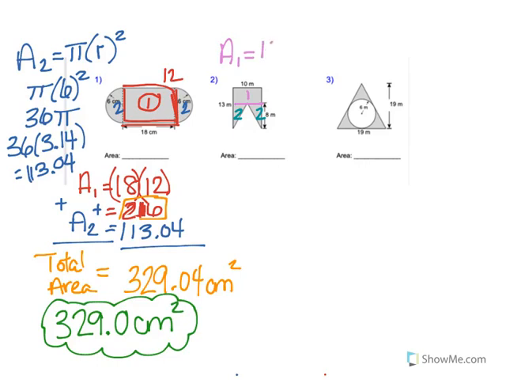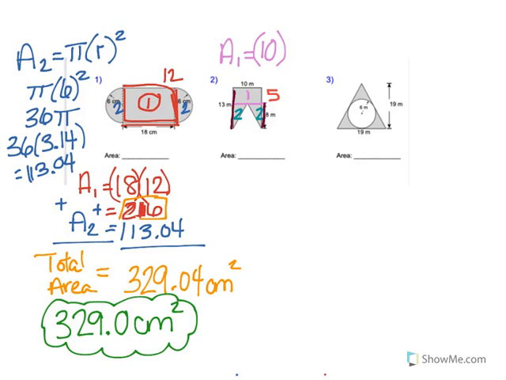So we have a length of 10, and we have to figure out the other side. So they told us that this long side is 13, this little part of the triangle is 8, so if I find the difference between 13 and 8, I will find the short side of this rectangle. And that's going to give me a side length of 5.